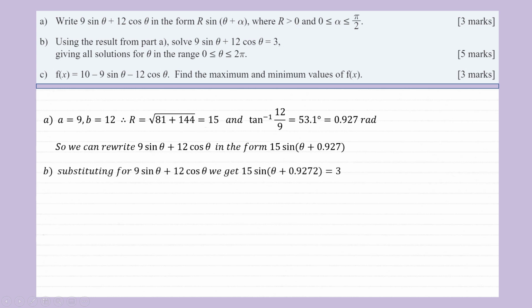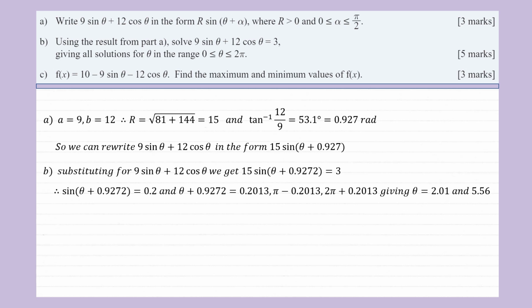So when we come to part B, all we do is substitute for 9 sine theta plus 12 cos theta our 15 sine (theta plus 0.9273), and we're told that's equal to 3. We need to now solve this for values of theta in the range 0 to 2 pi. Okay, so easily done.